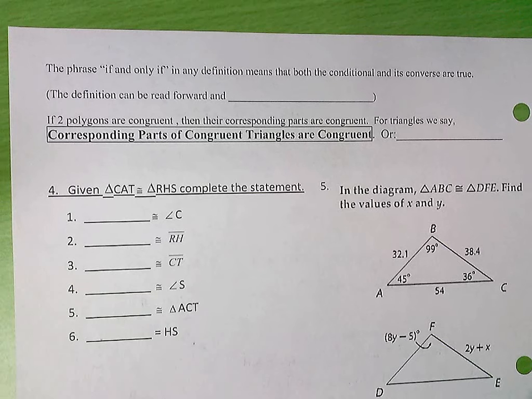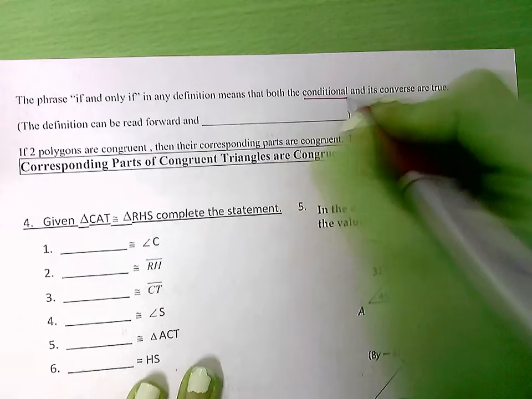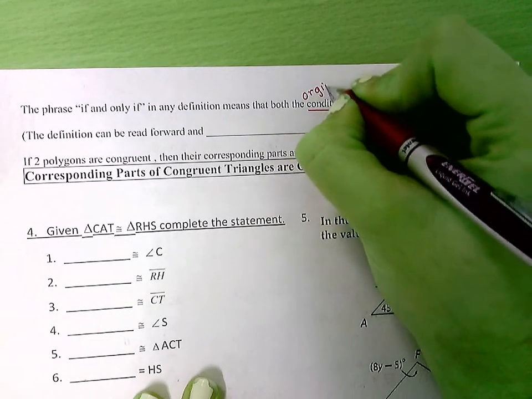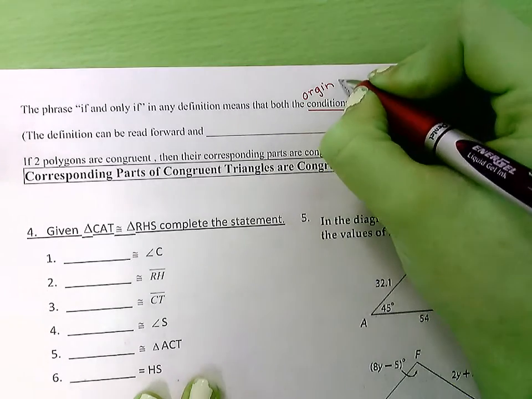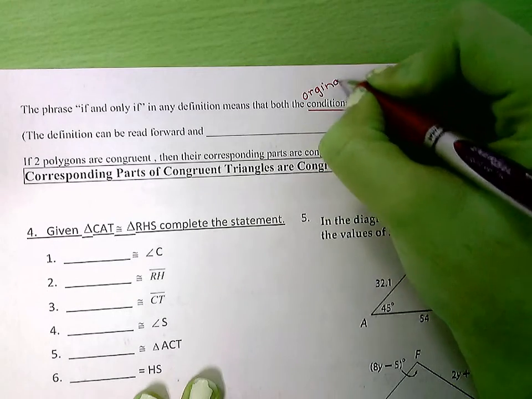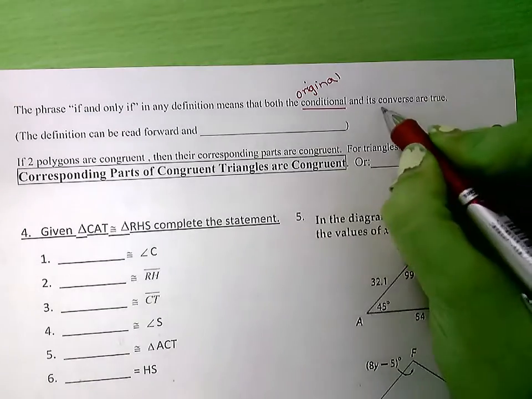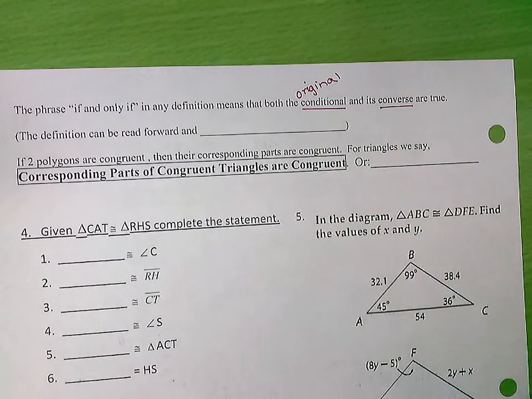So on the back, the phrase "if and only if" in any definition means that both the conditional and its converse are true. Your conditional is the original statement. Converse means backward, okay?